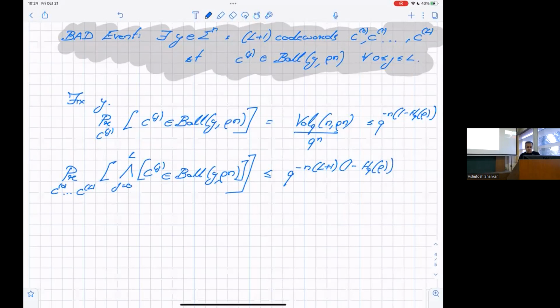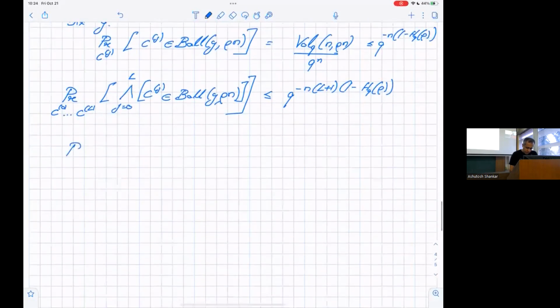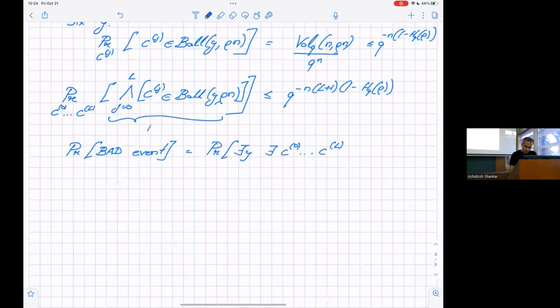Okay. Now what are we asking? We are asking the probability of the bad event. What is the probability that there exists a y and there exist C0 to CL such that the condition holds?